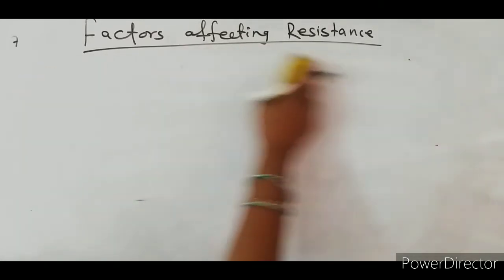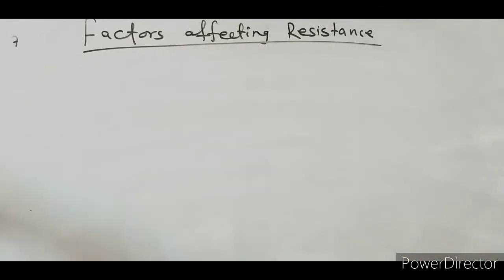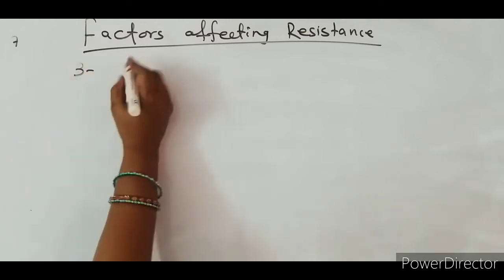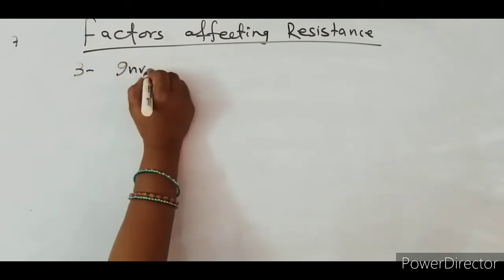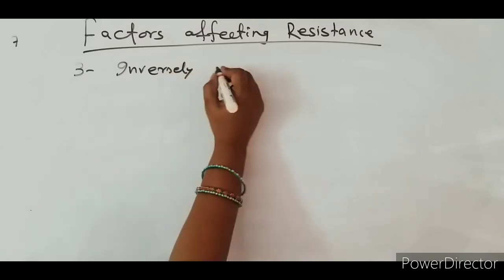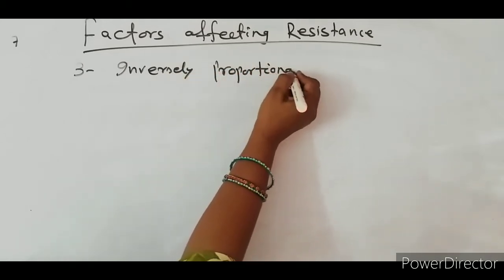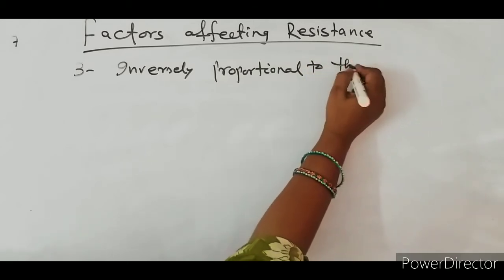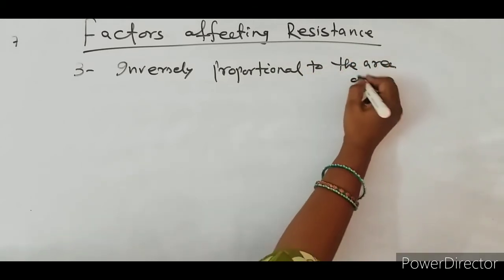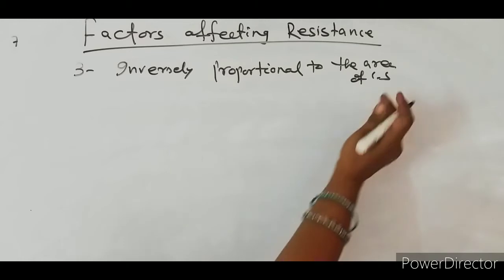The third one is that resistance is inversely proportional to the area of cross section.